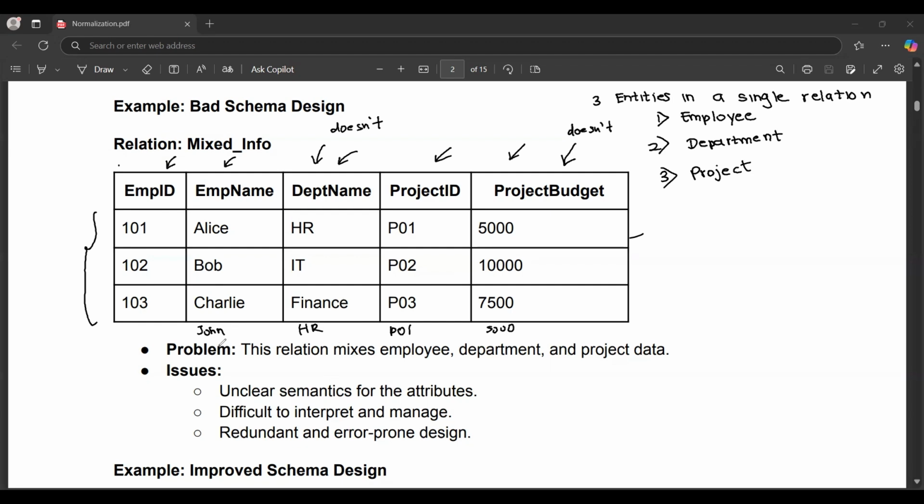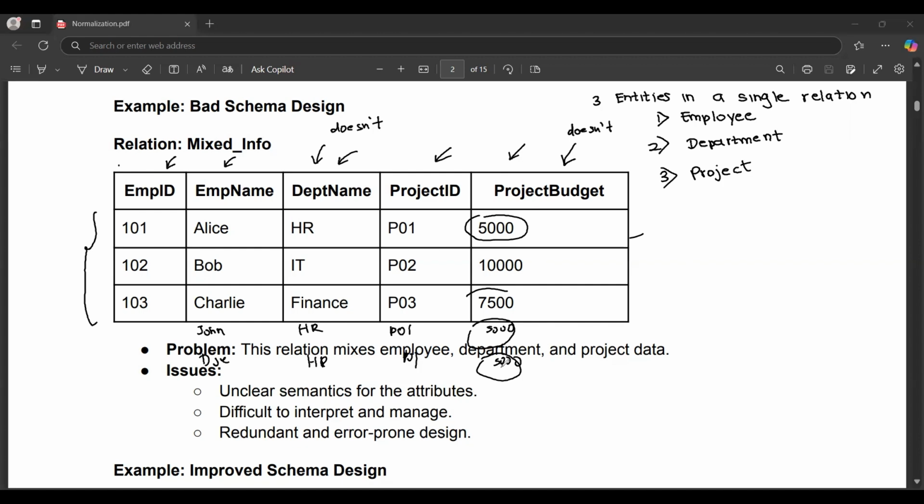And there is someone called Doe, also HR, also working on project 01 and 5,000. Let's say we have to modify the project budget from 5,000 to 10,000. Now you will have to update three tuples instead of one.